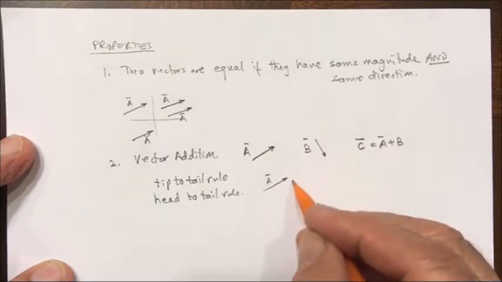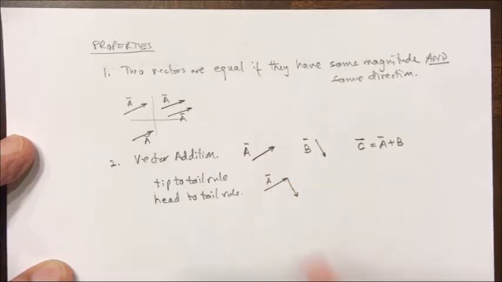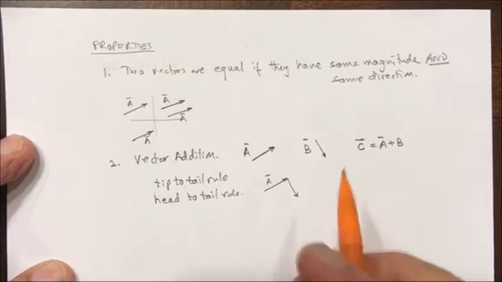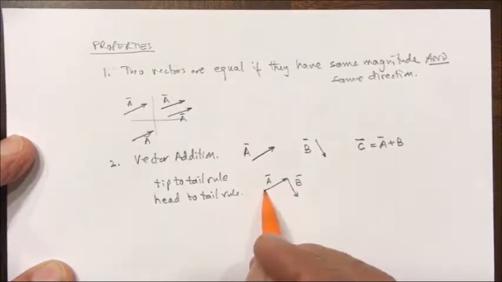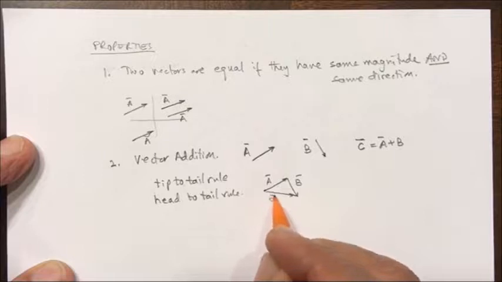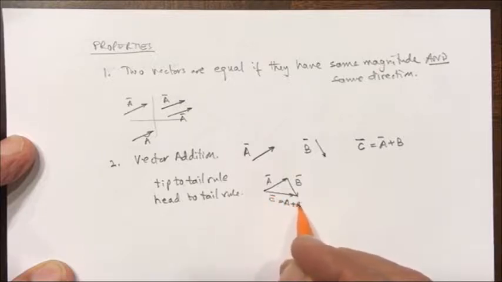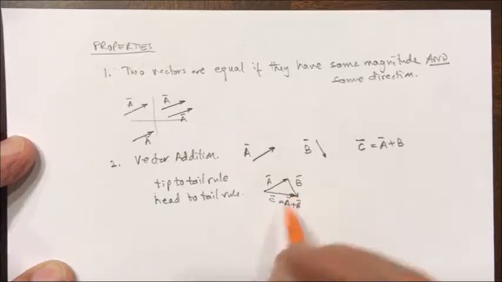So we move this whole thing here. It's going to be somewhat like this. Well, you have to do this more carefully with a ruler and protractor and so on. So that's the vector B. And then starting from the tail to the tip, this will be C, which is A plus B. So the sum of these two vectors is the vector C.